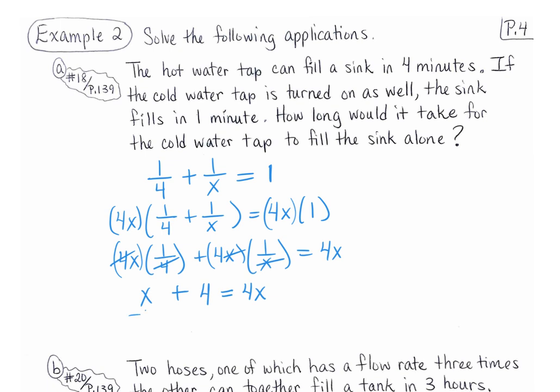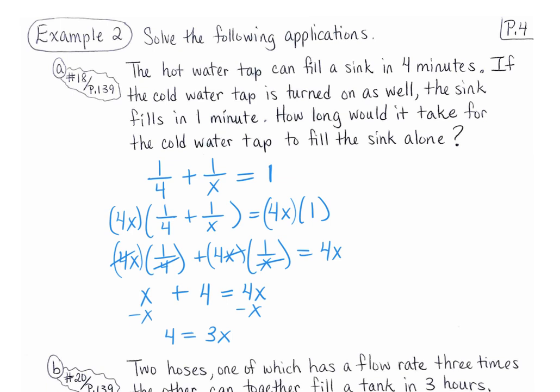To get 3x, to get 4x. So you said subtract x from both sides. What's left on the left? 3x. 4 equals 3x.